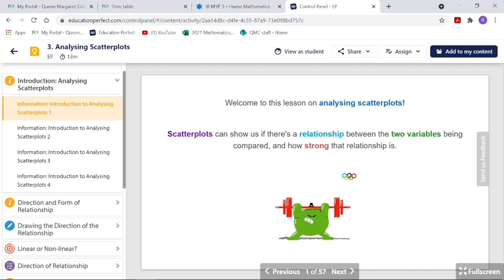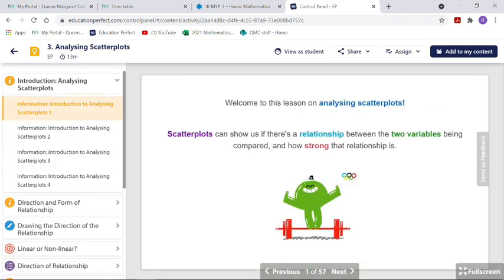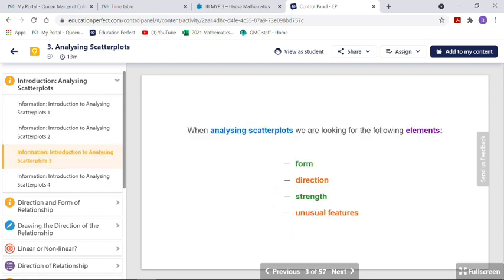So when you're analyzing scatter plots, there are actually 4 things that you're going to be looking for. Let's talk about those 4 things. Analyzing the scatter plots, we're going to look at 4 elements. You need to write these down, and then we're going to define each one as we go.